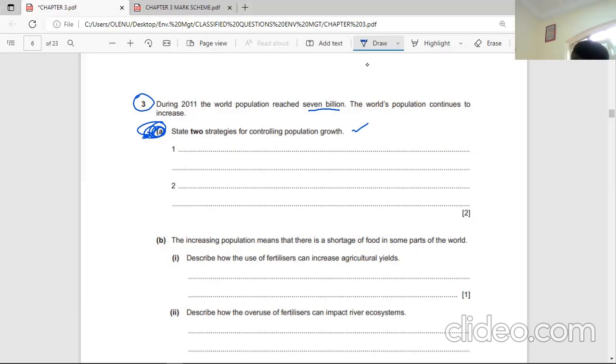Child registration, like 1 child to a family. Another one: educate people about family planning.